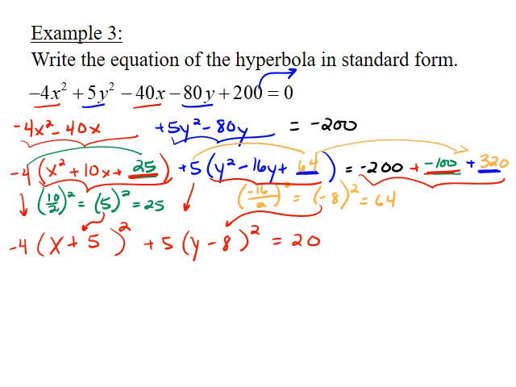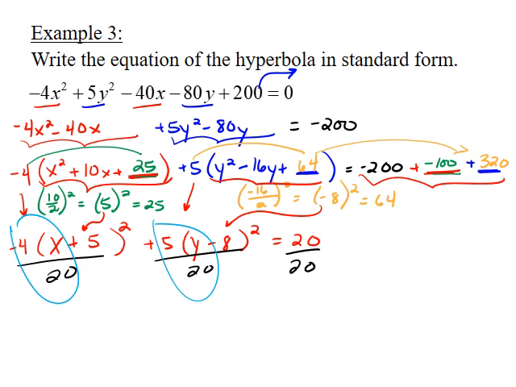Now remember, I want my equation for the hyperbola to equal 1, so I'm going to divide by 20. Everything's divided by 20. And then you reduce these fractions. So my final answer becomes the following. Now, I'm going to kind of skip a step because this is negative, and typically we write the positive first and the negative second.